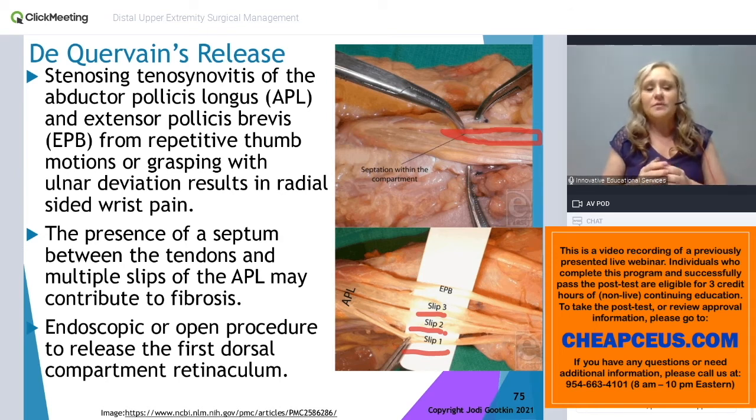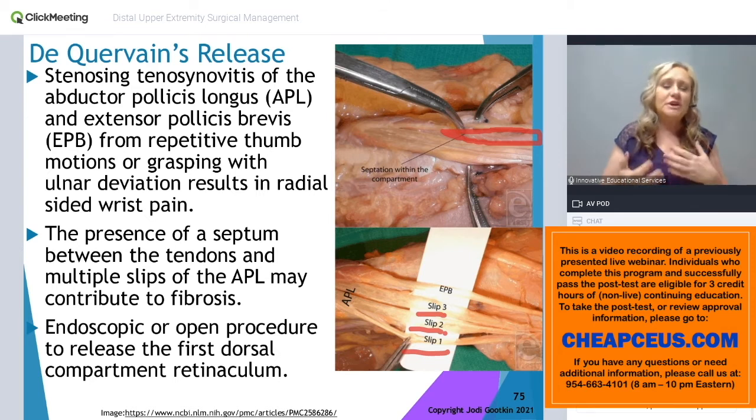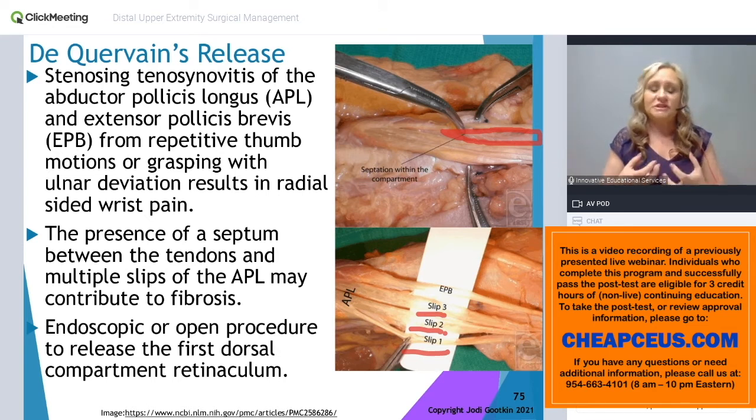If conservative management is not successful, generally after 4 months or so, then the patient may be a candidate, if the physician deems, for an endoscopic or open procedure to debulk that area.